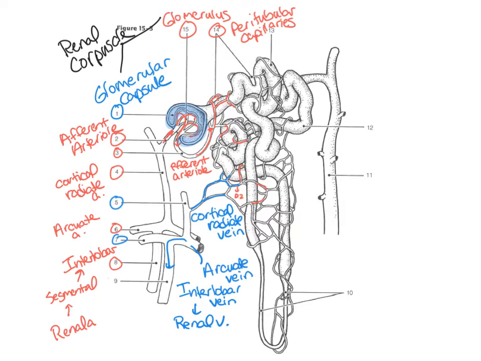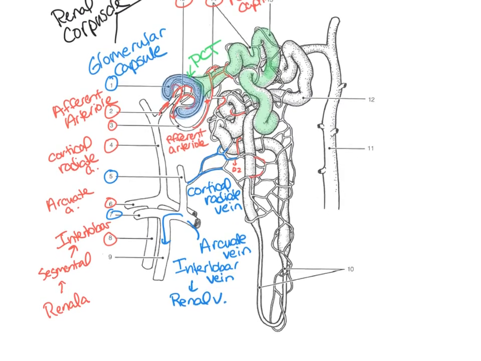Then the next section that we see of the nephron is leading right away from that glomerular capsule, and that is called the proximal convoluted tubule. So, in other words, the PCT, proximal convoluted tubule. It's convoluted because it has lots of turns in it. It is proximal because it's closest to that glomerular capsule.